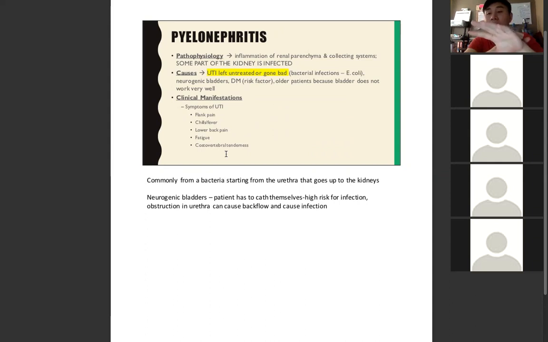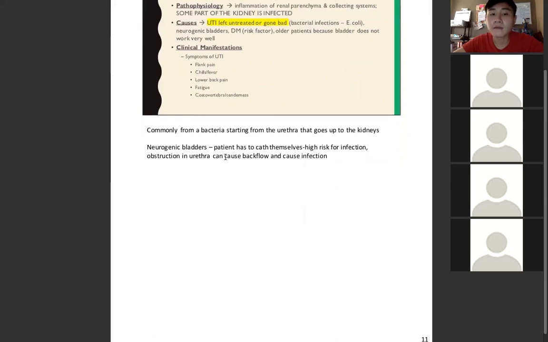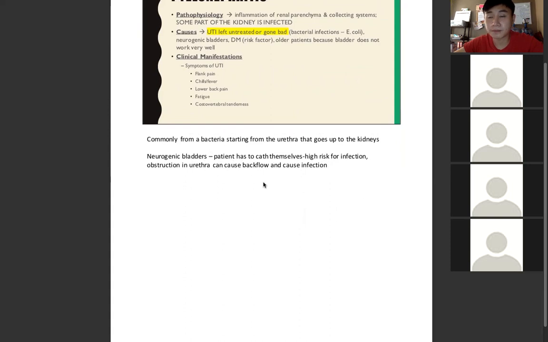If the patient experiences any pain behind the lower back when we do this, it means they are having some issues with the kidney that need to be checked out. It commonly comes from bacteria starting at the urethra and going up to the kidney. With neurogenic bladders, the patient has to cath themselves, so there is high risk for infection. Obstruction in the urethra can cause backflow and cause infection.